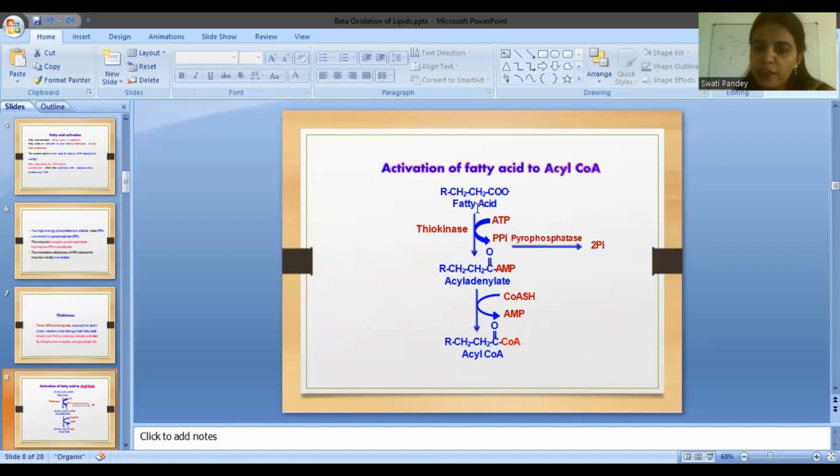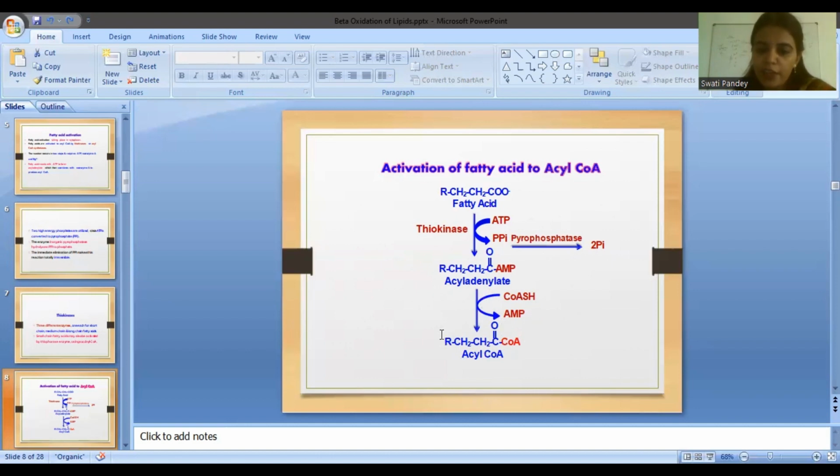This makes the first step irreversible; it cannot be converted back into the fatty acid. So here the AMP gets attached and it forms acyl adenylate. In the second step, there is inclusion of coenzyme A, and this again needs one more ATP, and the product that is formed is acyl coenzyme A.